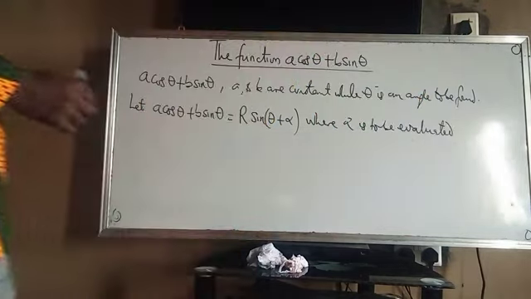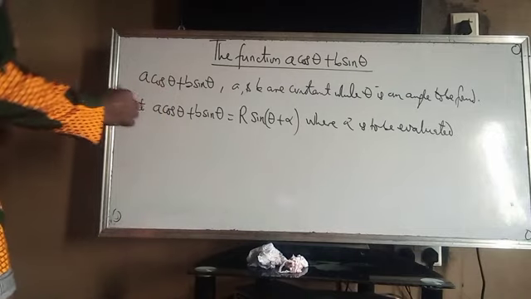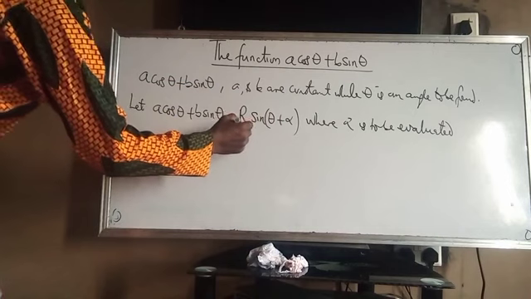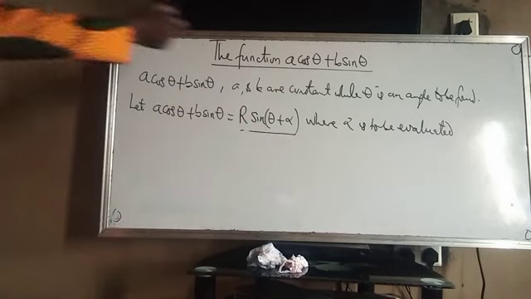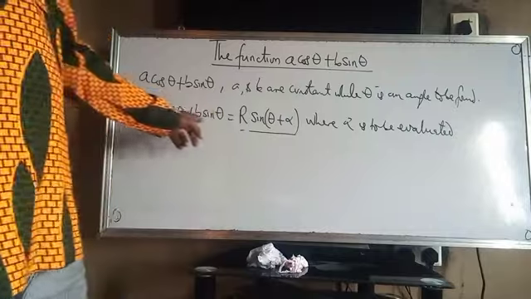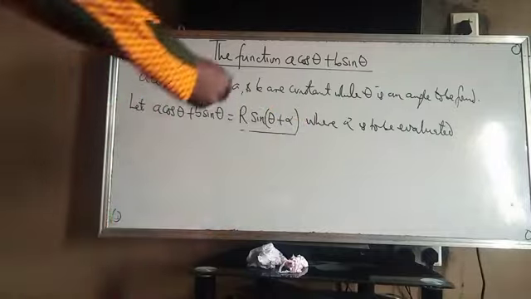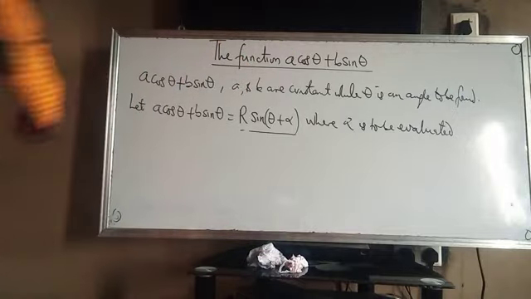We want to know the value of alpha. You might be wondering, how come I use r? R here is a variable constant. Theta is the known angle, while alpha is the value to be evaluated.